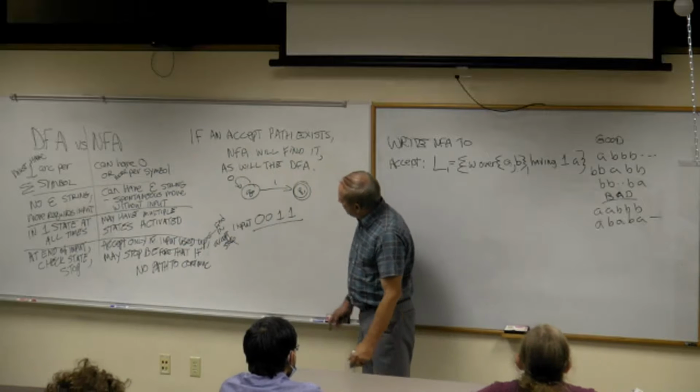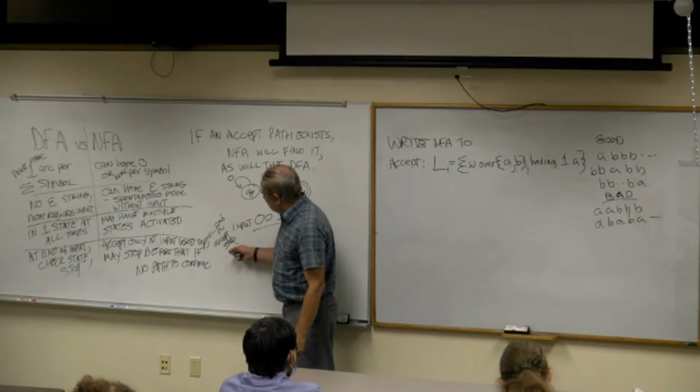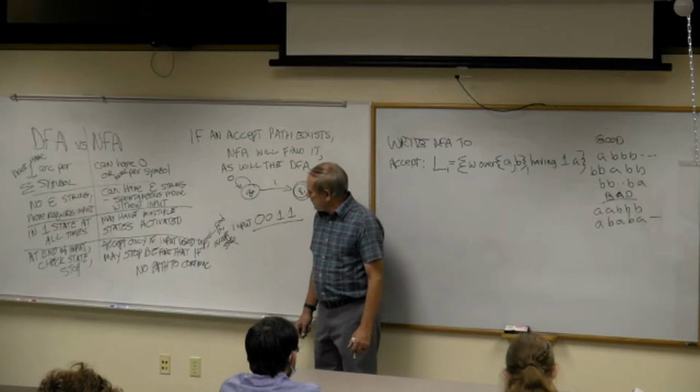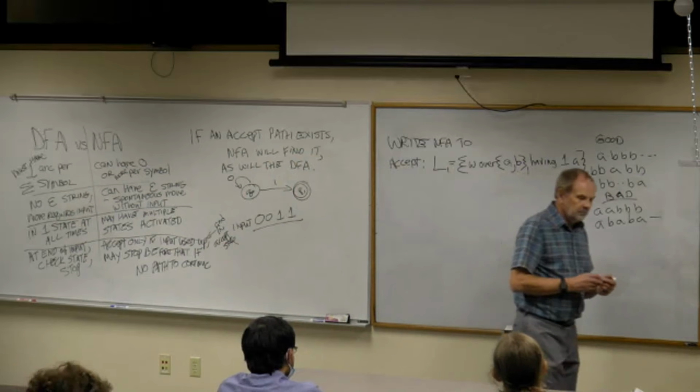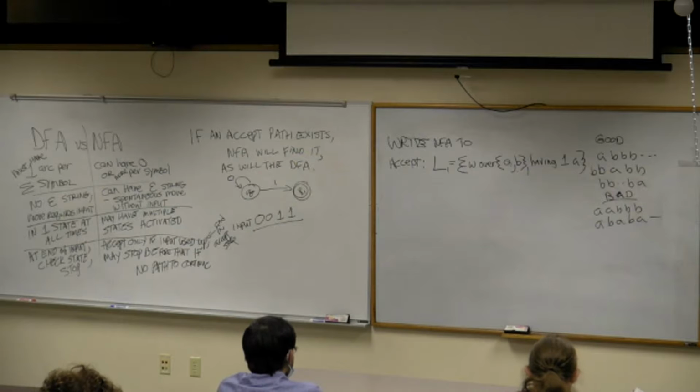So it accepts only if the input is used up and you're in an accept state, but it may stop before the input is used up if there's no path. NFAs are a little bit simpler to create in some cases because of that elimination; you don't have to do a null or dead state.